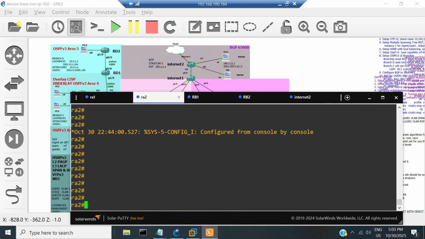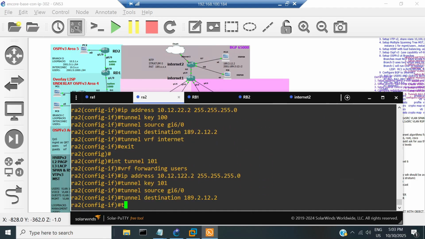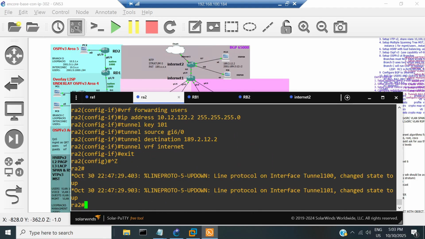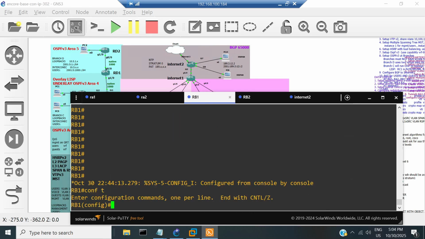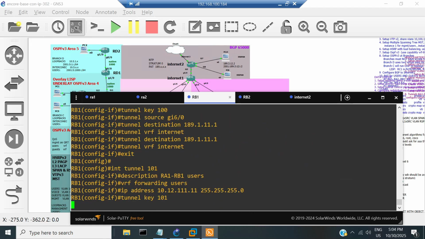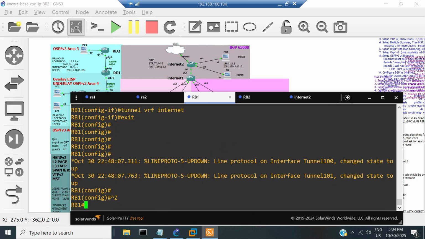Let's go and do something similar at router A2: tunnel 100 for management and tunnel 101 for the user's VRF. Okay, let's go for router B1, tunnel 100 for management and tunnel 101 for the user's VRF.